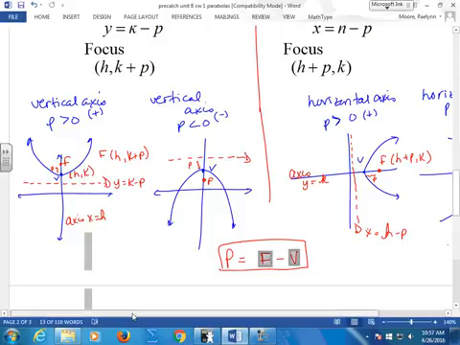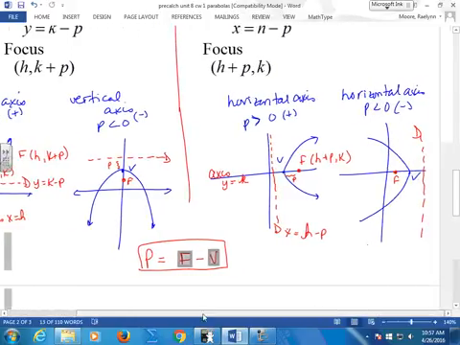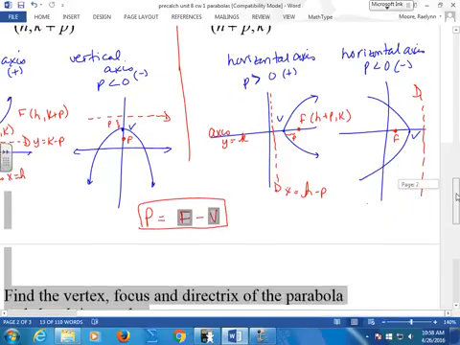Now the ones you guys are probably not familiar with are the y-squareds. Y-squared works the same way, only it opens left and right. If it's negative, it's going to open towards the negatives, left. If it's positive, it's going to open towards the positives, right. And again, don't get hung up on the formulas. You'll figure them out as we go.